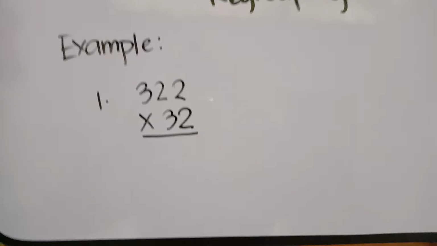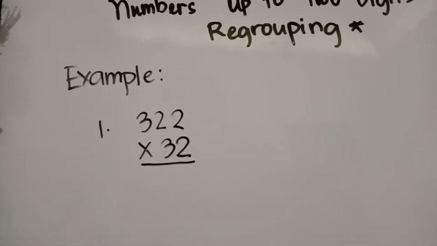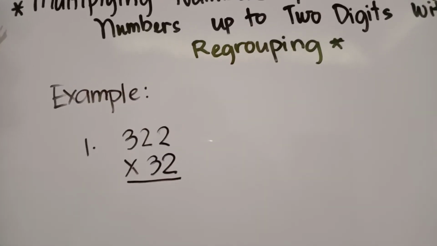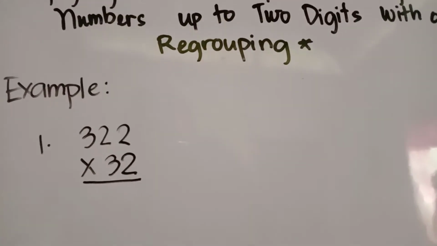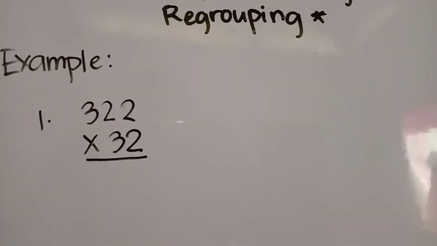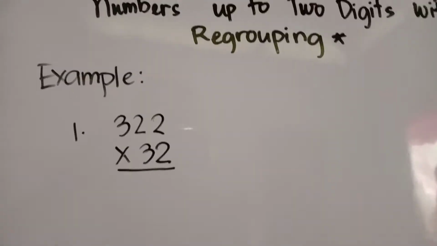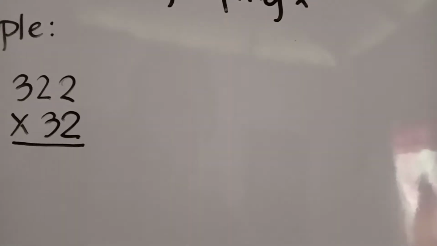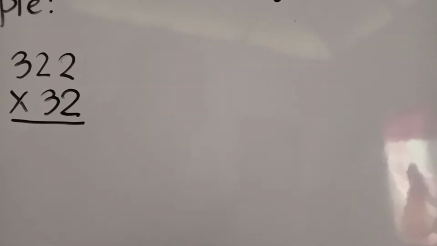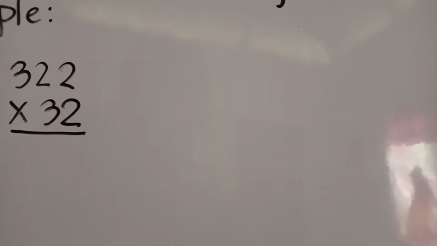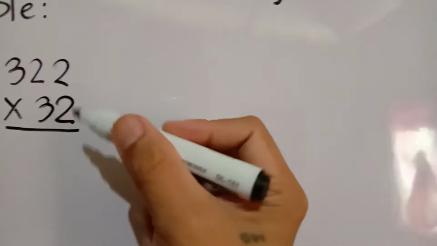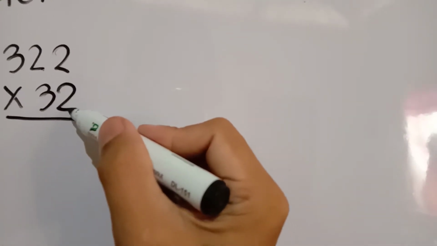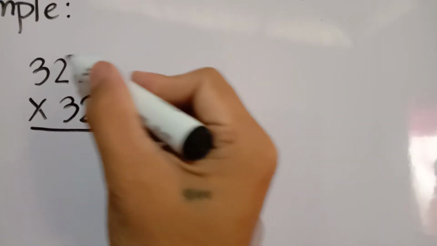Now we are going to multiply 322 by 32. So 322 times 32. Okay, so what we are going to do here is we will multiply the ones digit of the multiplier to the multiplicand.